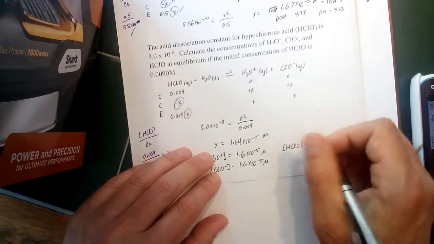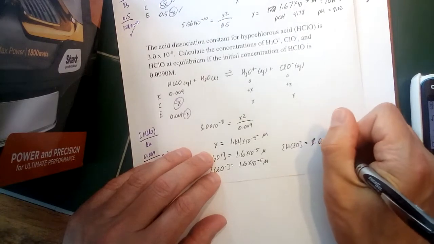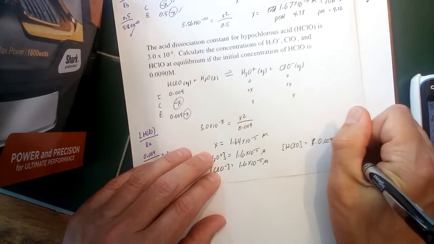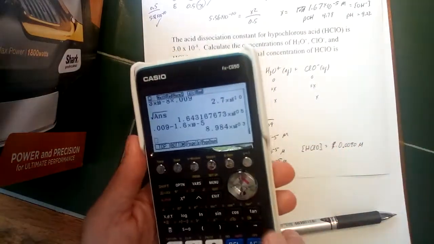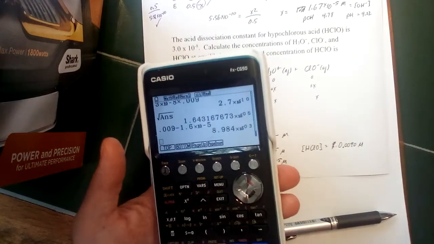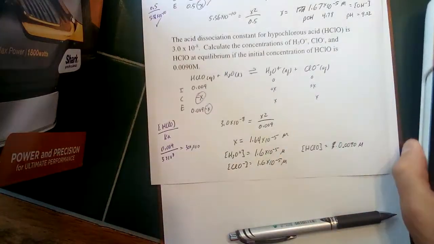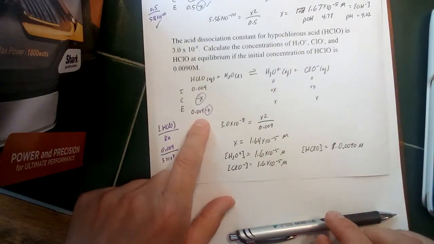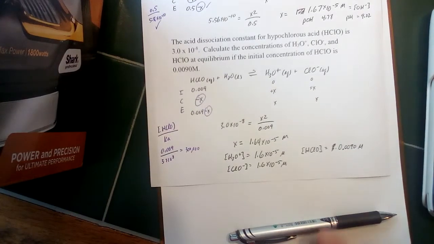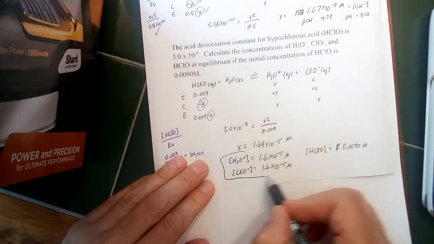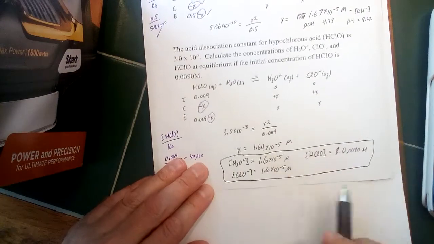If I'm only going to 2 significant figures, it is still 0.0090 molar. Right? So it does change a little bit here, but to 2 significant figures, it is still exactly the same. So this is a good indication that our assumption is fine here, because to the number of significant figures we have, this value doesn't change. So those would be our answers for that problem.